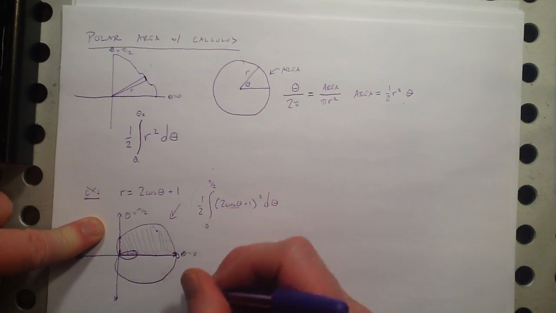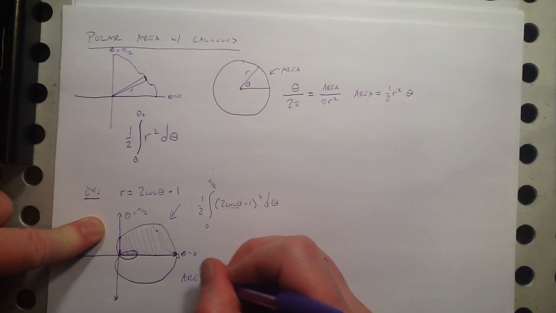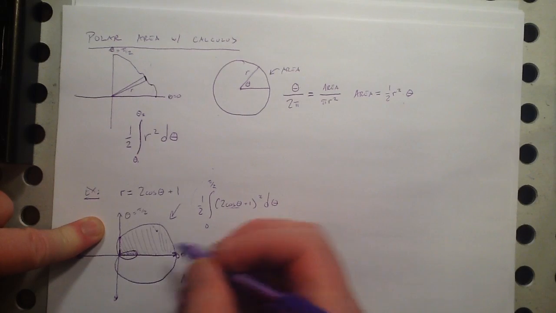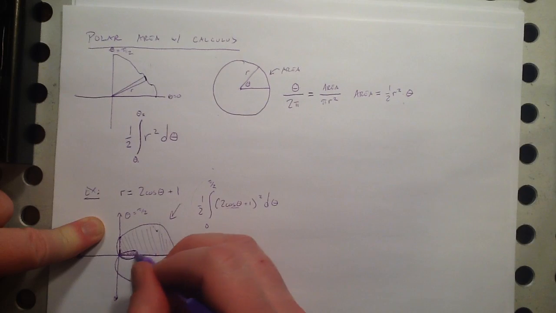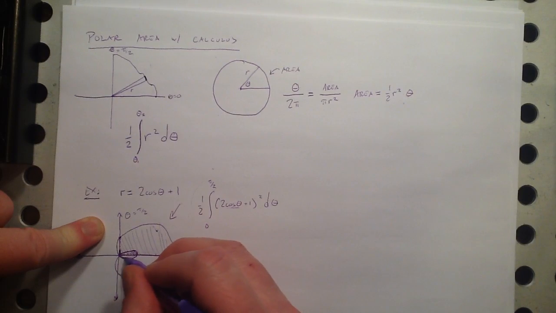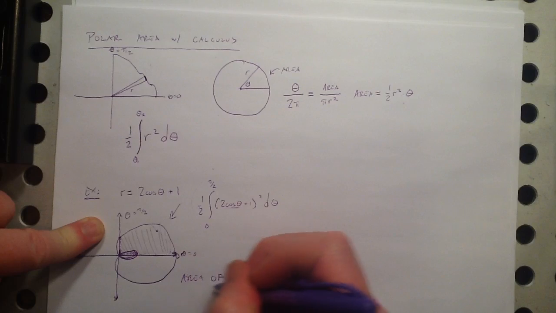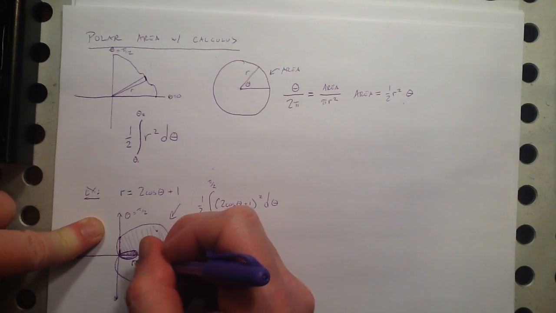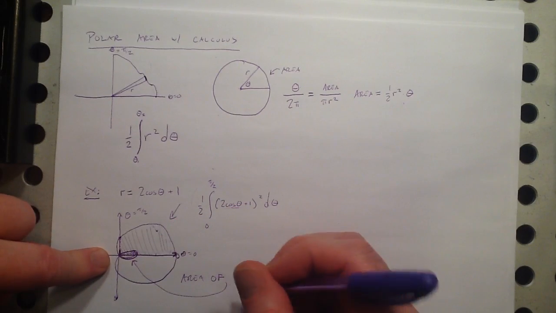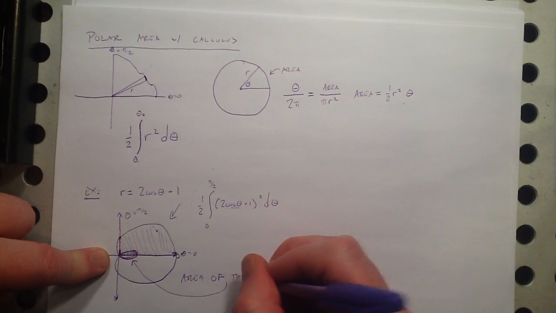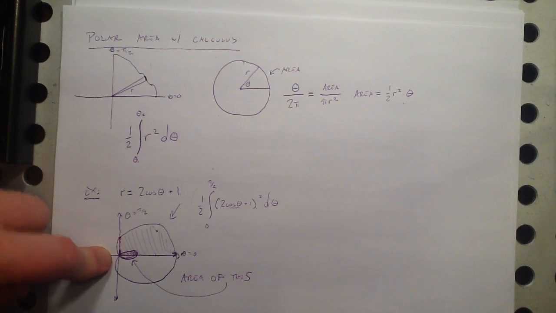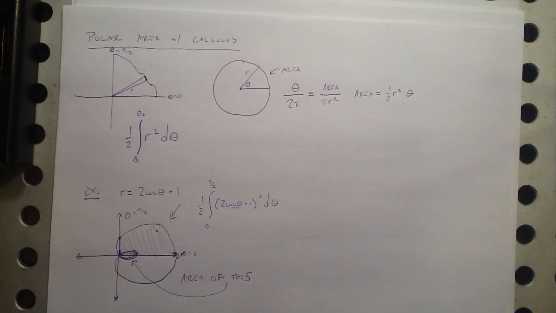What about the area of this thing in here? That's a little tricky here because I need to figure out what the thetas are when it's actually making that part.